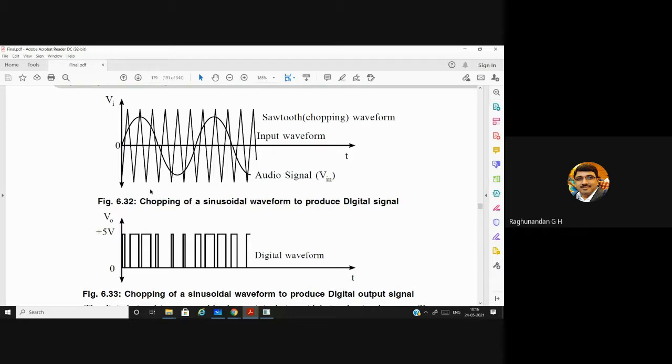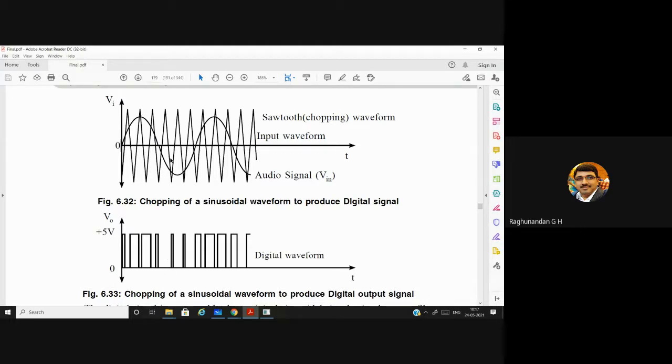In this case, the sinusoidal input is near 0, or less negative, compared to the sawtooth waveform. So obviously in this portion the sinusoidal input is dominating the sawtooth. That's why we are getting one more pulse, only for that small duration.